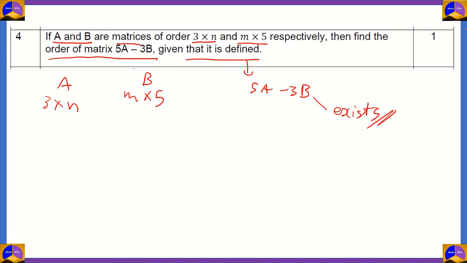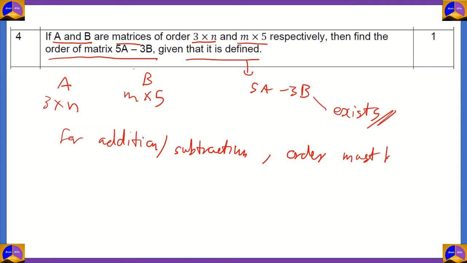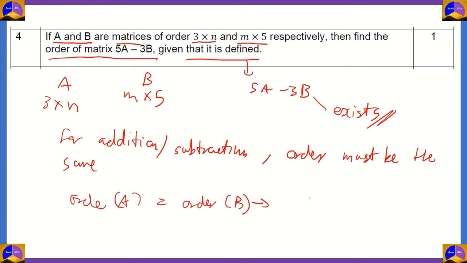Now, how can you add or subtract two matrices? It is very simple. For addition or subtraction, the order of both the matrices must be the same. So over here, both the matrices must have the same order. So the order of A is equal to the order of B. So that means 3 times n is equal to m times 5.